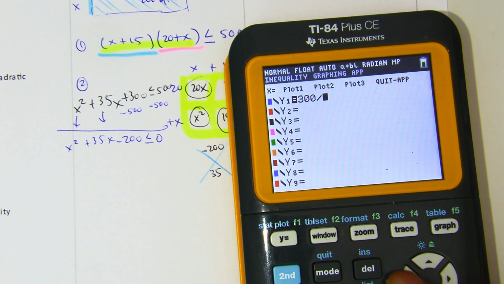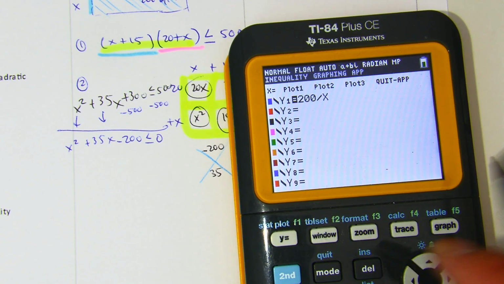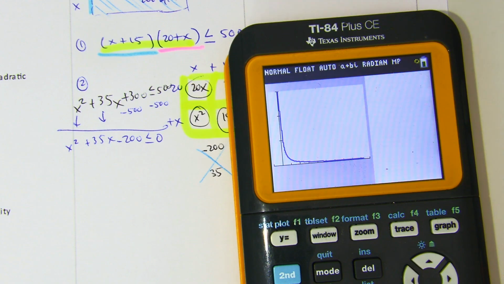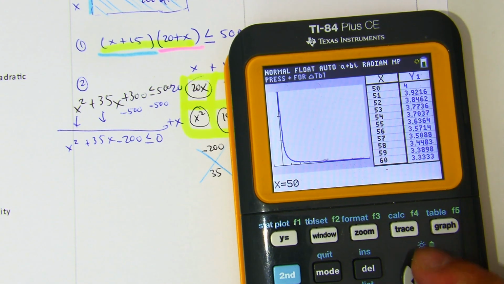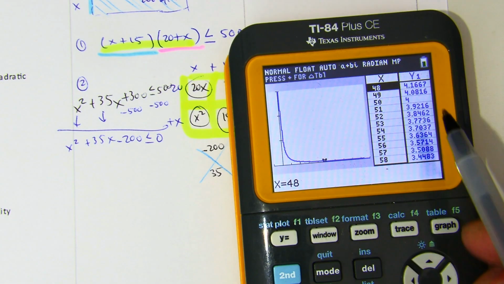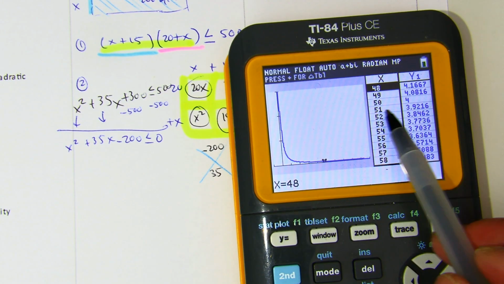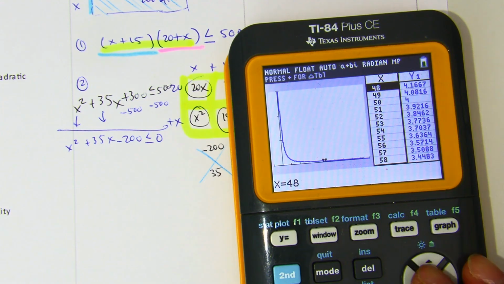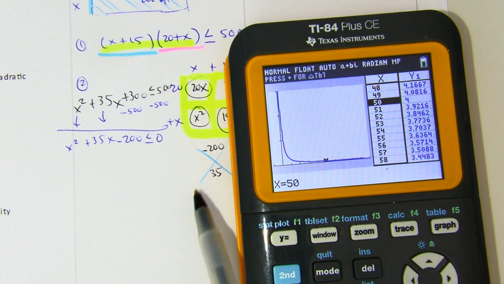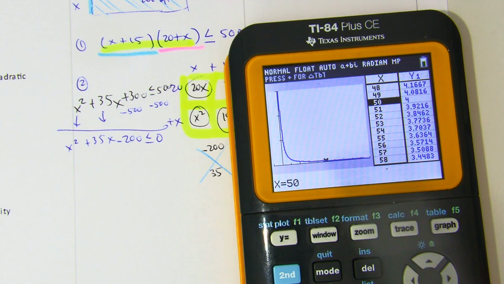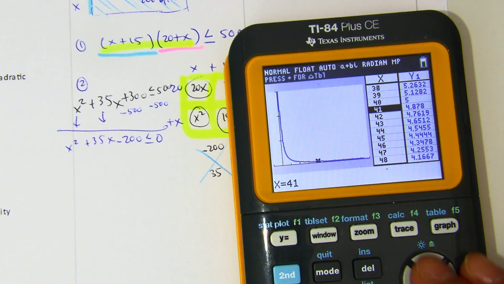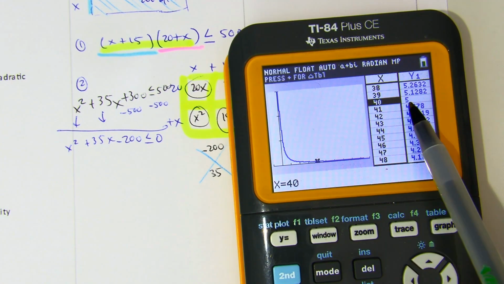And then if I go to my table, these are the numbers that multiply to be 200. And so basically what I want to figure out is which two numbers add or subtract to be 35. So for example, 50 times 4 is 200, but 50 minus 4 is 46 and not 35. I'm looking for whole numbers. So it looks like 40 and 5.